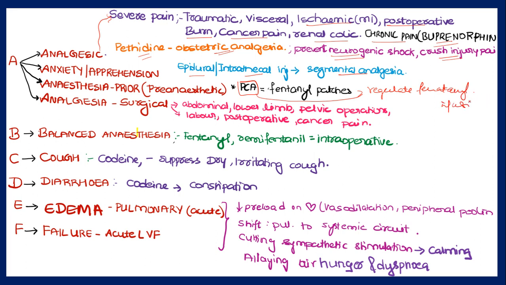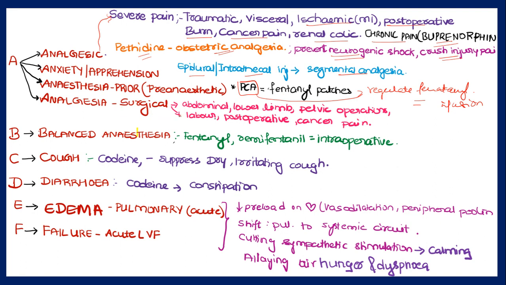Here the patient himself can regulate the rate of fentanyl infusion according to the intensity of pain he or she is having. So it is mainly effective as post-operative pain control. There are also transdermal patches available, for example fentanyl transdermal patches, to relieve the pain.